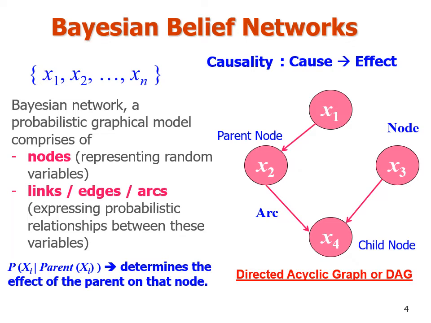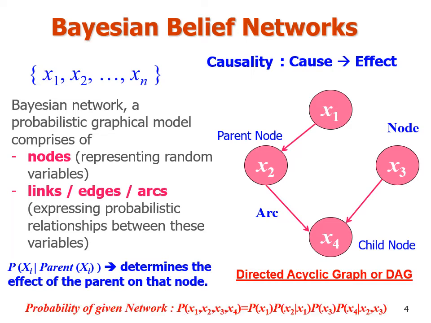I will repeat, the probability associated with every node is given as probability of xi given parent of xi. This determines the effect of the parent on that node.